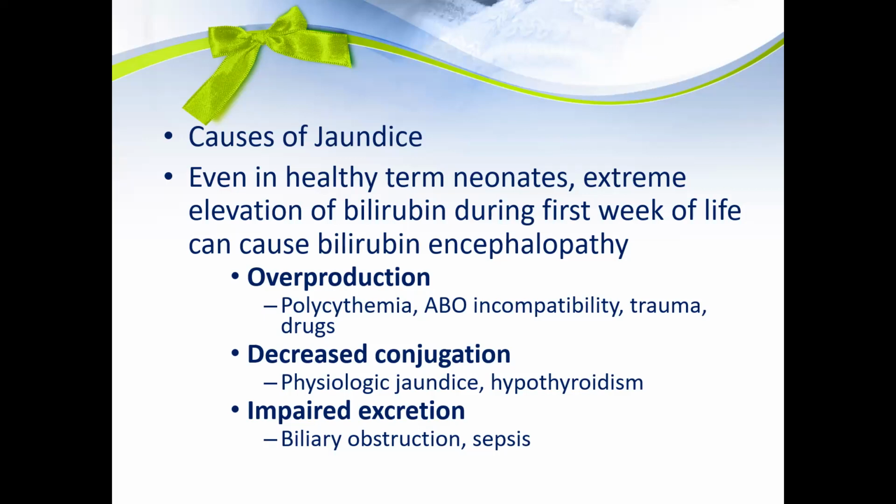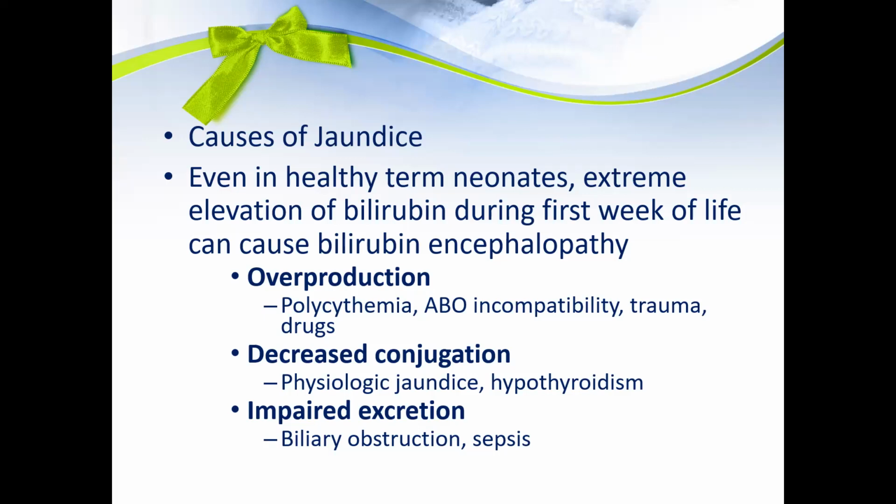We'll also see increased bilirubin levels in the blood. This can cause a baby to develop something called bilirubin encephalopathy. That can cause permanent brain damage. So we have to be careful.